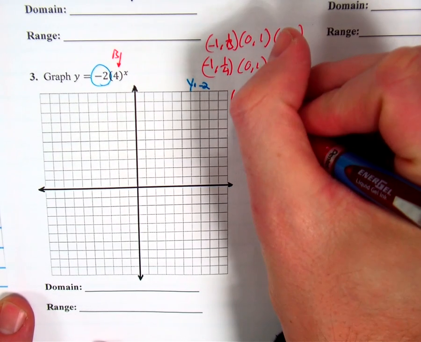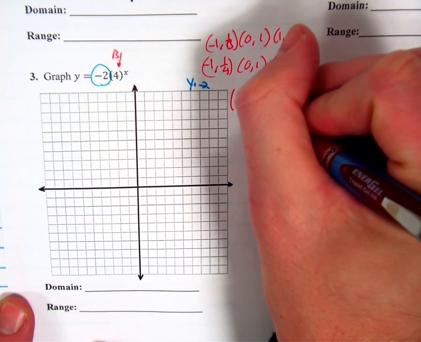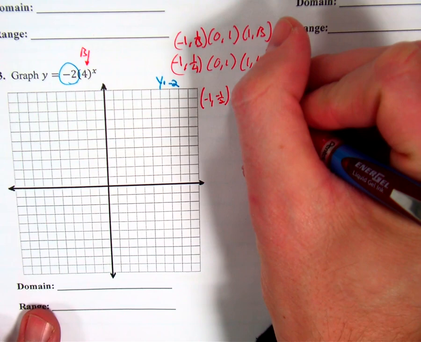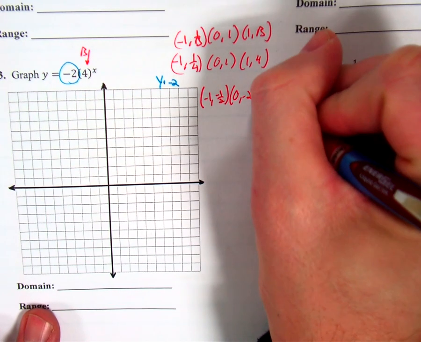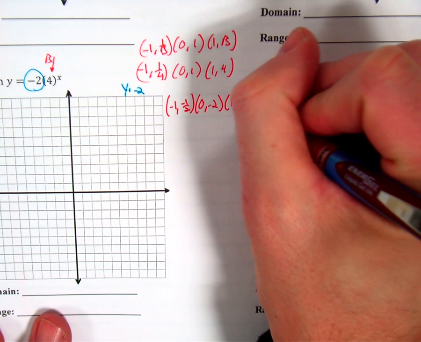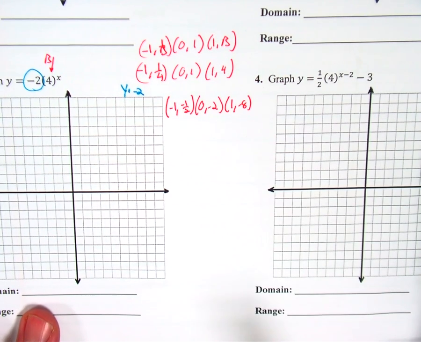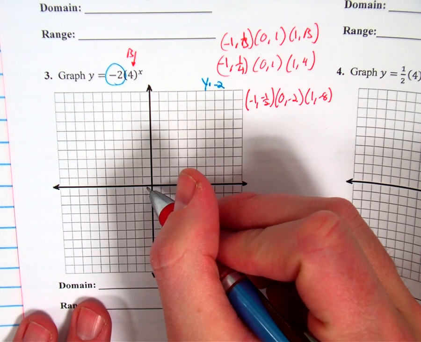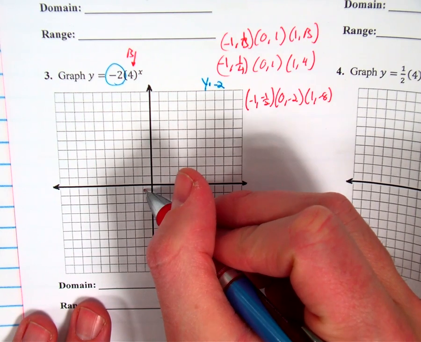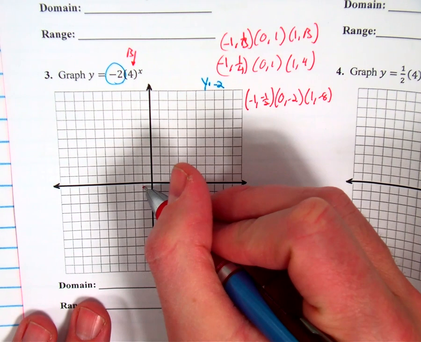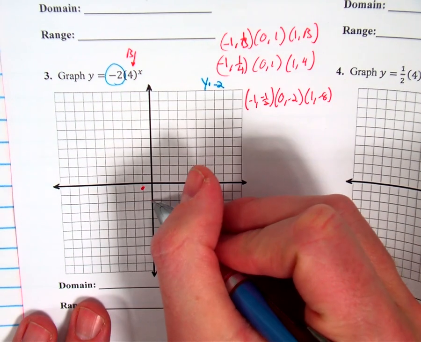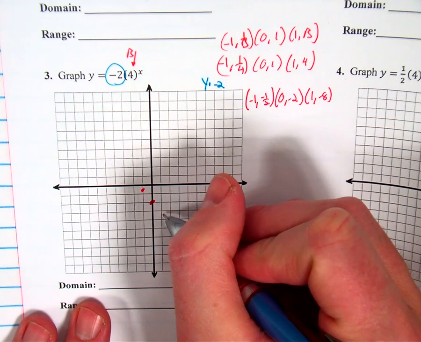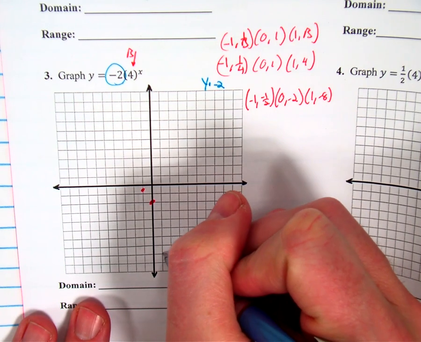So now my 3 points are -1, comma, -0.5, 0, comma, -2, 1, comma, -8. So we got -1, -0.5, 0, comma, -2, and 1, comma, -8.